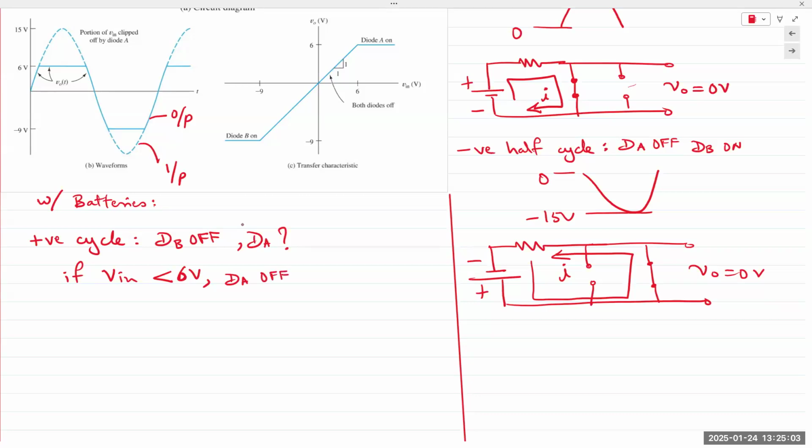Are you sure? This time, confidence. DA is off, right? Because the anode is less than 6 volts. If V in is less than 6 volts, the anode is less than 6 volts. The cathode is higher because the cathode is held at plus 6 volts by the DC battery. So as long as V in is below 6 volts, DA remains off. And the circuit looks like this.